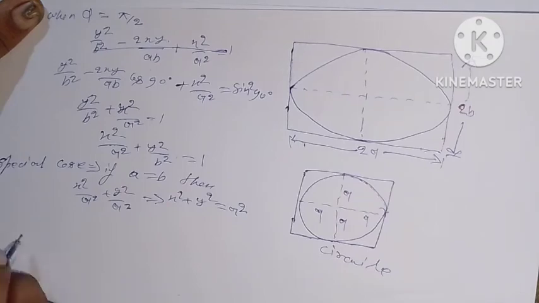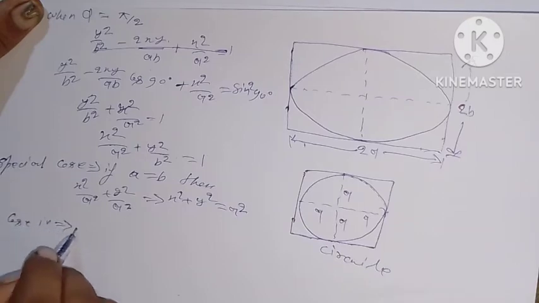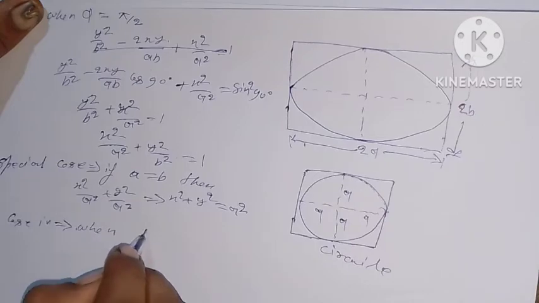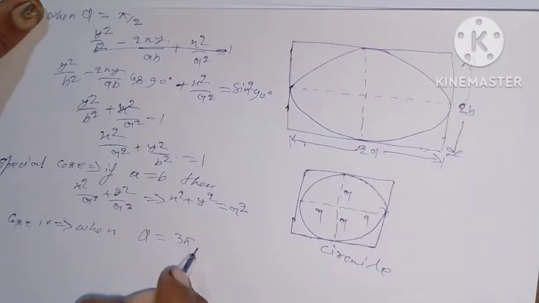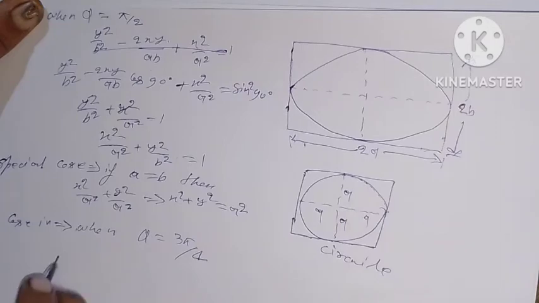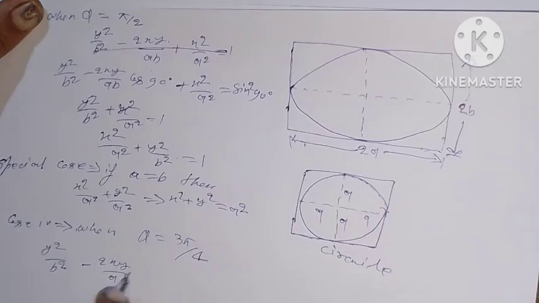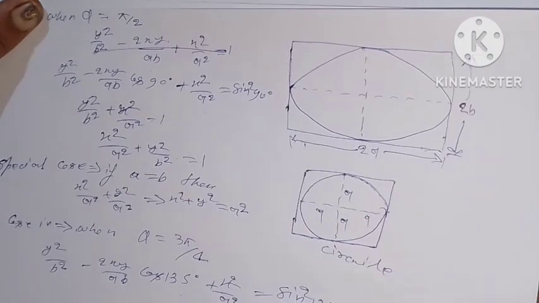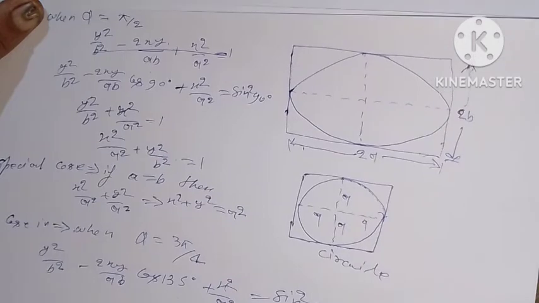Case 4. When phi equal to 3 pi by 4, the equation reduces to y square upon b square minus 2xy upon ab cos 135 degree plus x square upon a square equal to sin square 135.